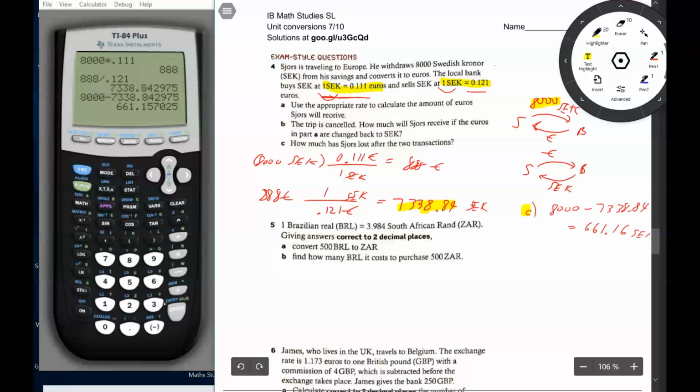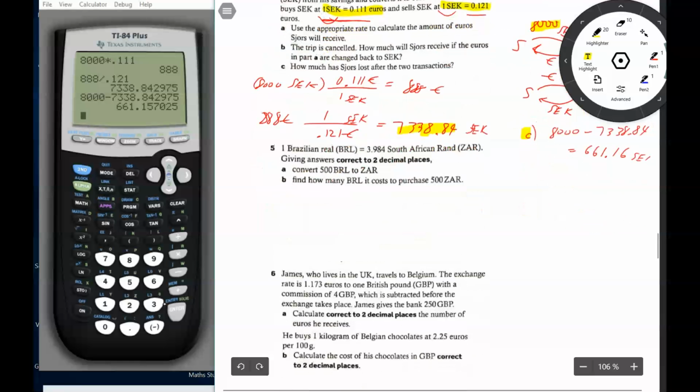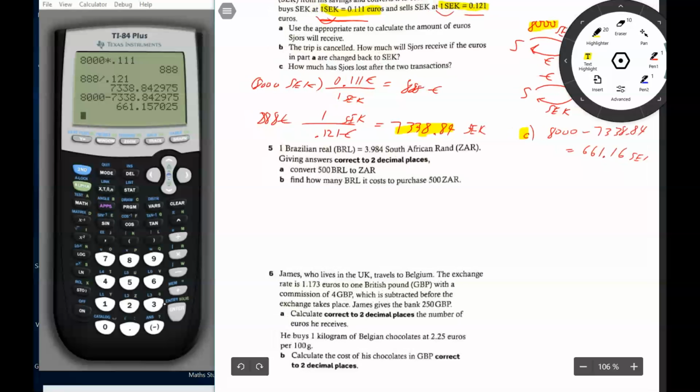Okay, let's go to the next one. Number 5. 1 Brazilian real equals 3.984 South African rand. So let's highlight this. Give answers correct to 2 decimal places. Convert 500 Brazilian reais to South African rand.